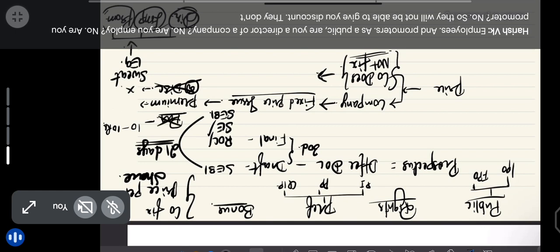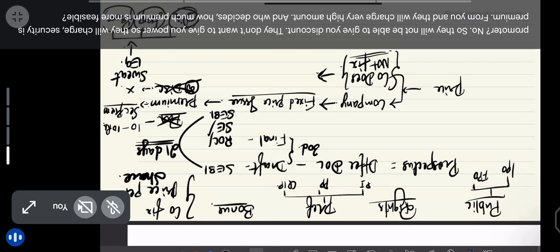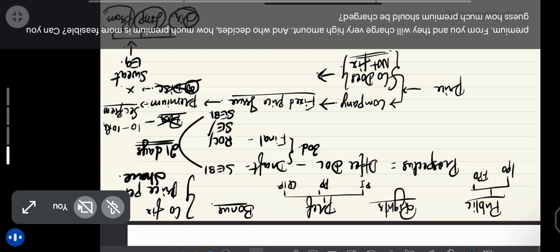So they will not be able to give you a discount. They don't want to give you par, so they will charge securities premium from you, and they will charge a very high amount. And who decides how much premium is more feasible? Can you guess how much premium should be charged? Which intermediary will decide? Primary market or secondary market intermediary?